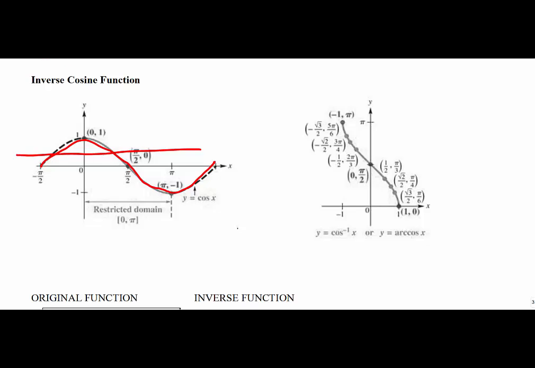It does not pass the horizontal line test. So in order to force it to become 1-to-1, so that we have an inverse function, we're going to restrict the original domain. We're going to only use the portion of the cosine graph from 0 to pi.